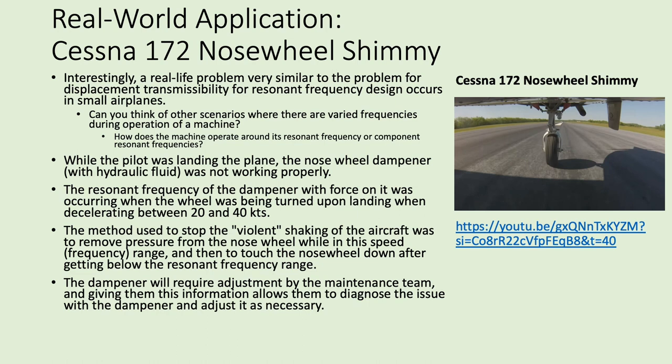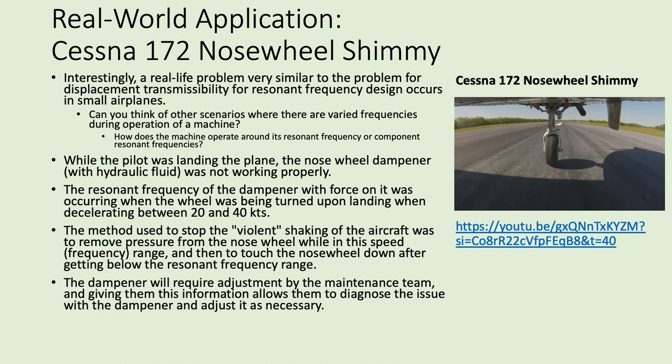The dampener will require adjustment by the maintenance team, and giving them this information allows them to diagnose the issue with the dampener and adjust it as necessary. As I stated, I'm not an airplane mechanic. I'm not sure how they fix this exactly, and what they determine is the actual cause of this issue.